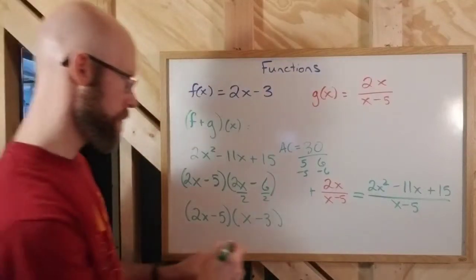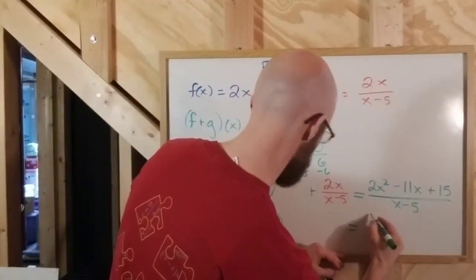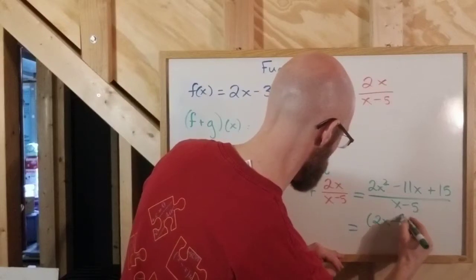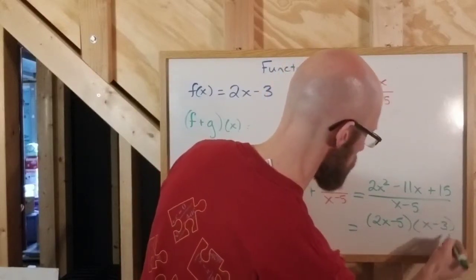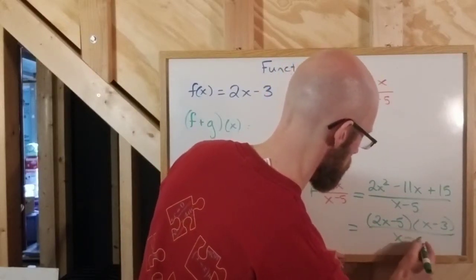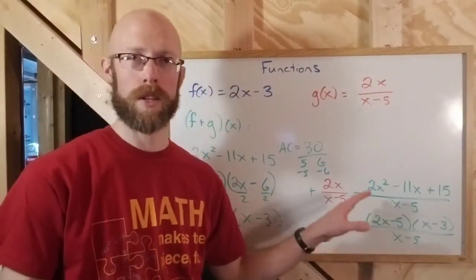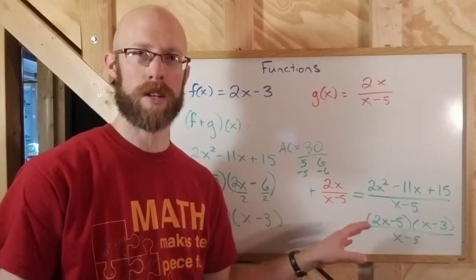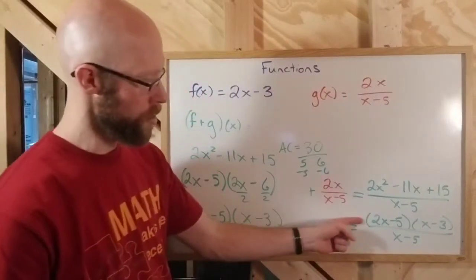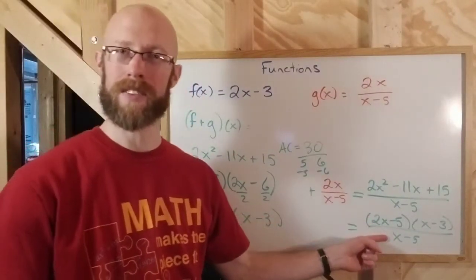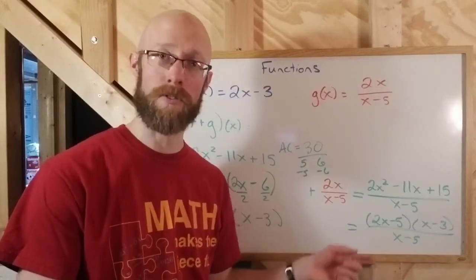The problem is, when I put those factors in up top, 2x minus 5 and x minus 3, they don't cancel with the one on the bottom. Remember, when canceling in a rational expression like this, the numerator and the denominator have to have the exact same factor, the whole factor.